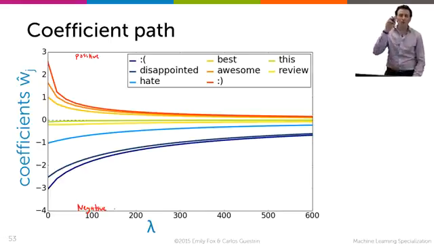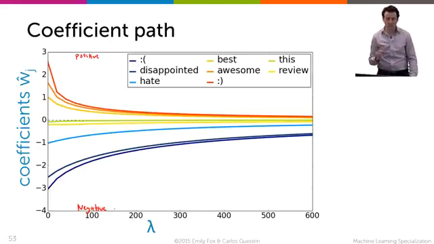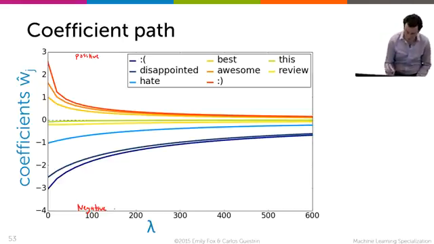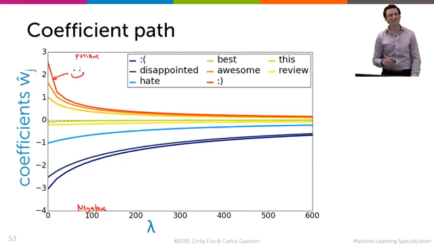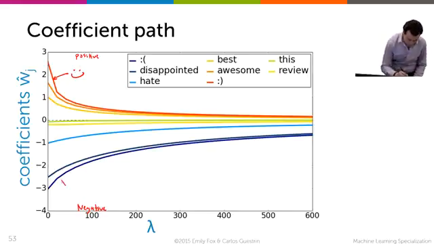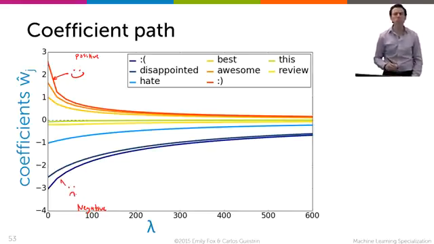What is the word in quotes that has the most positive weight? Well, if you look at the key here, you see the word that has the most positive weight is actually an emoticon, a smiley face. Well, the word that has the most negative weight is another emoticon, which is a frowny face.